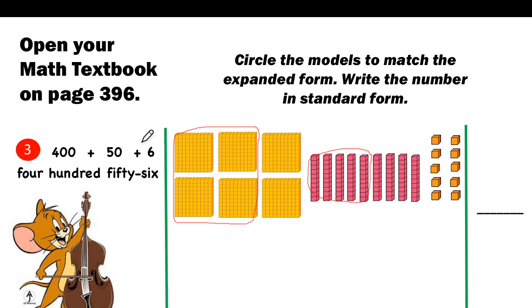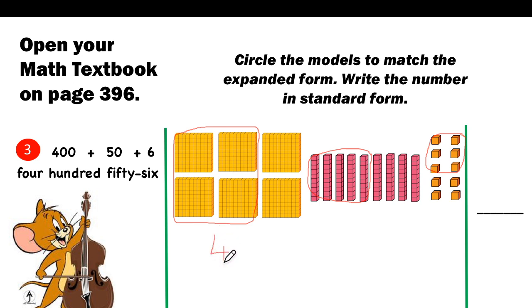Done? Now, how many ones do we need to circle? 6. Let's circle 6. 1, 2, 3, 4, 5, 6. I will circle this way. Good. So, we circled how many hundreds? 4.